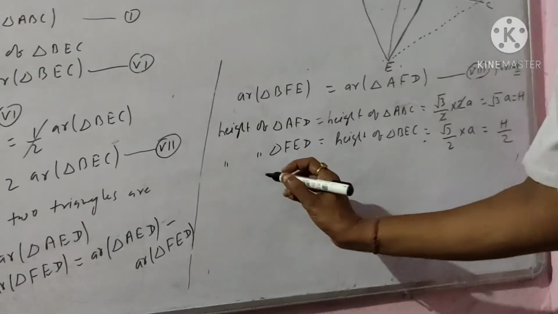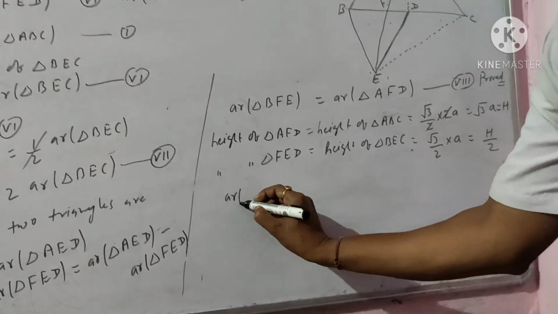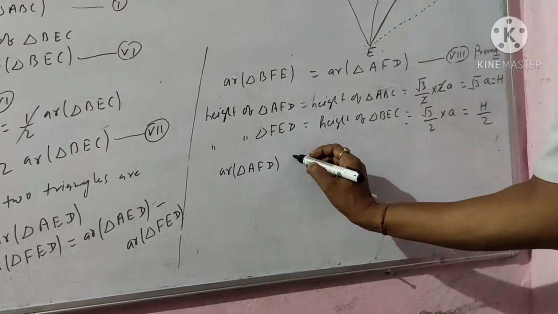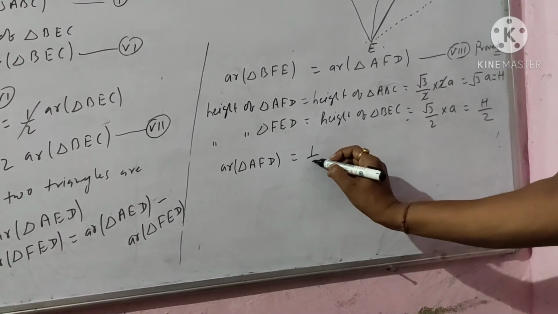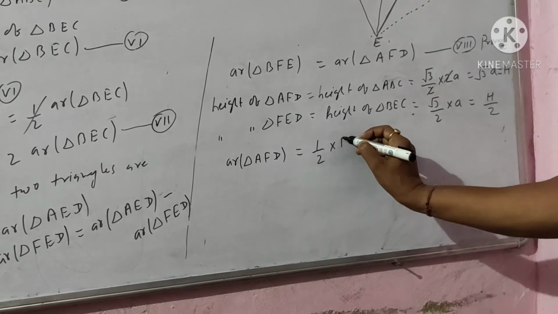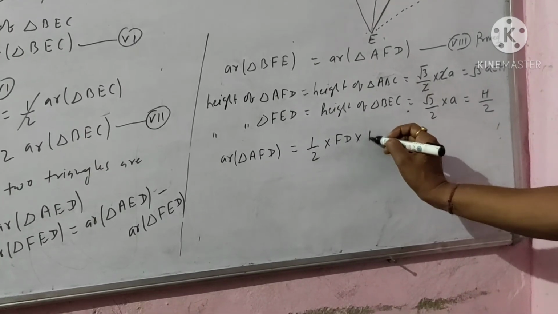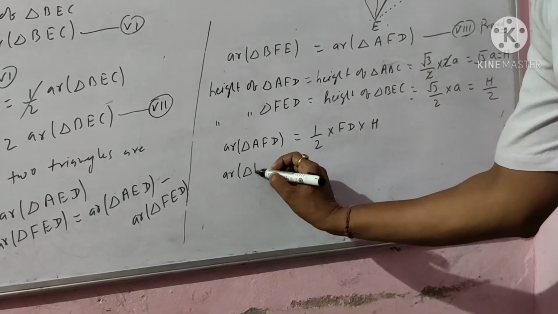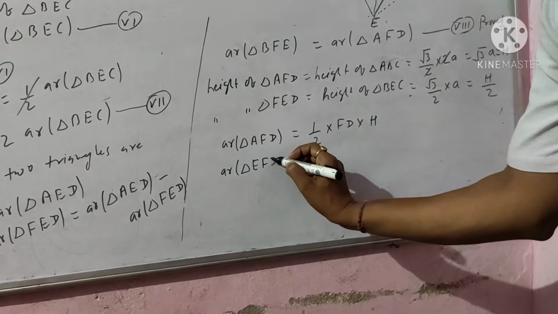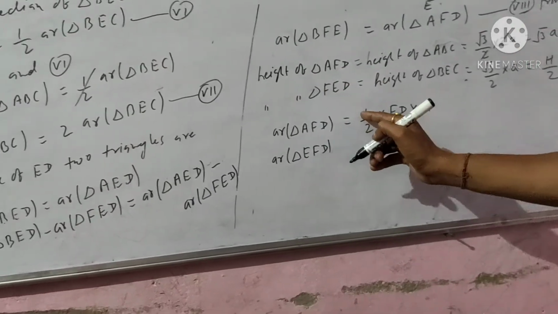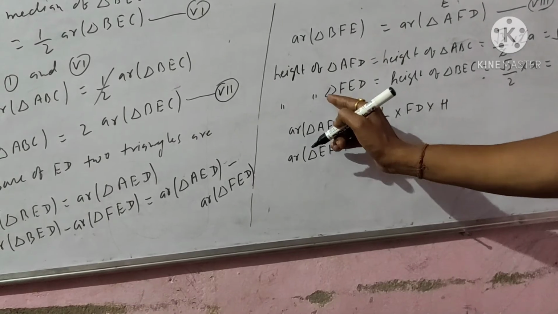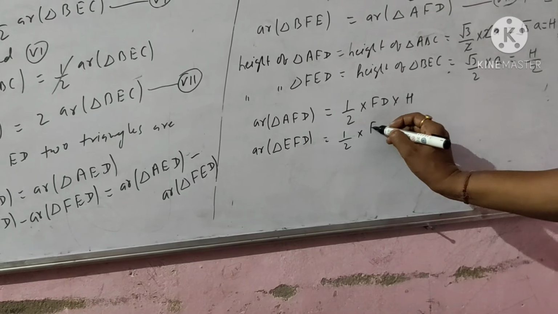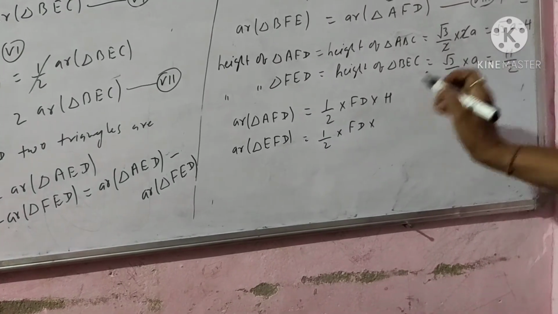So we can write here area of triangle AFD is equal to half base FD into height h. Area of triangle EFD is equal to half into base again FD into height, here the height is h by 2.